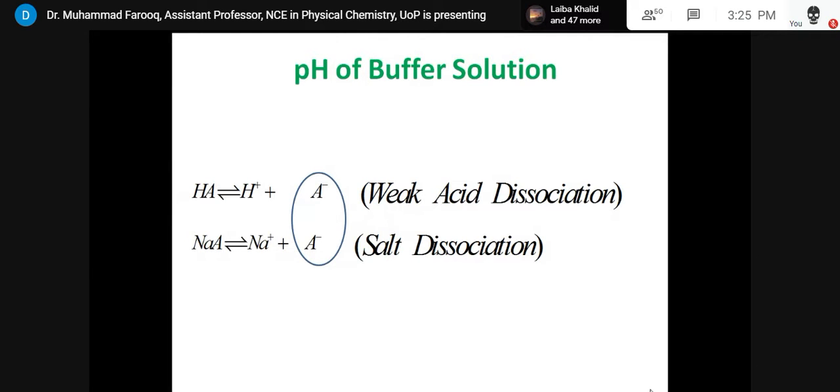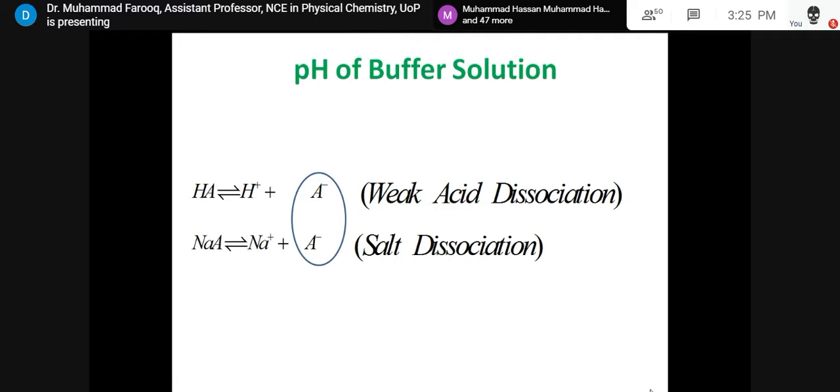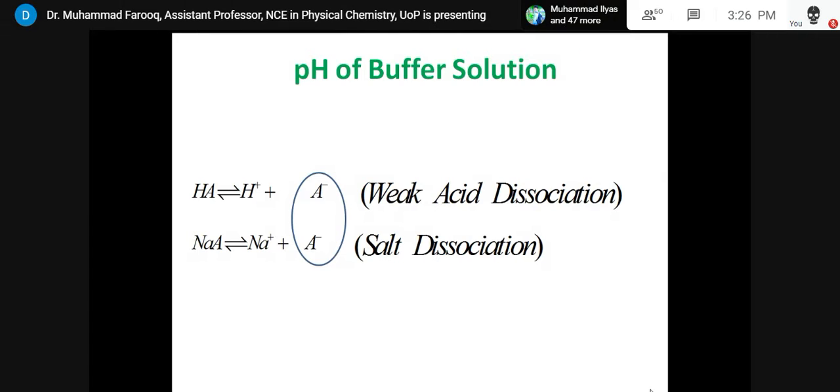In the same way, the salt NaA will dissociate into Na plus and A negative. So when the salt is present, it will also produce A negative. When A negative is there, it will suppress the dissociation of the weak acid, so the reaction will go in the backward direction.